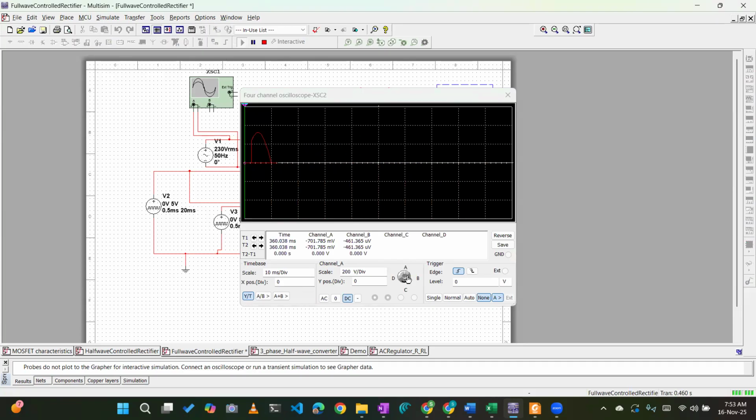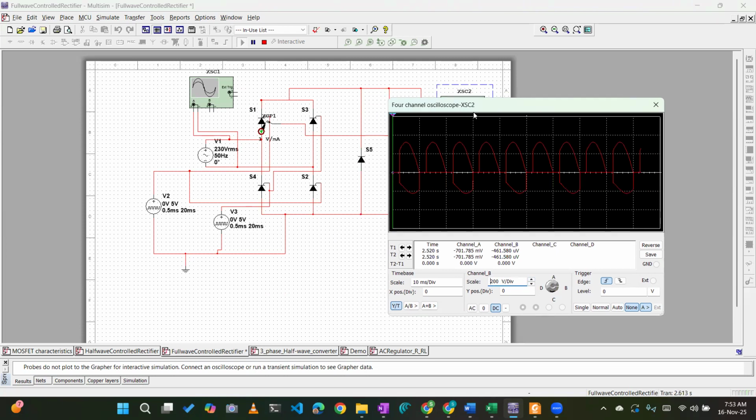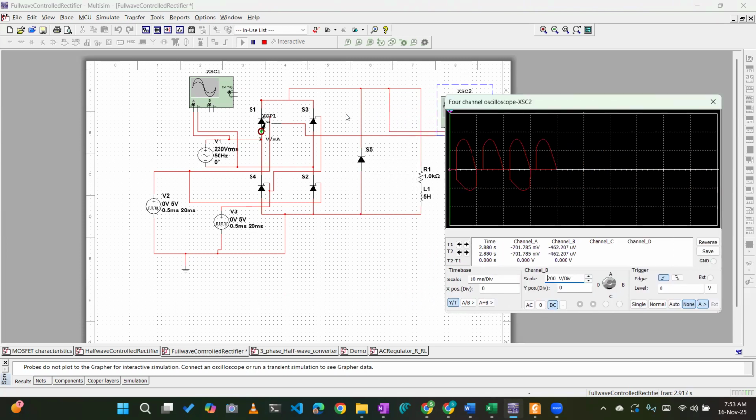Because it is not within the window, let's make it within the window. See, the current for the thyristor is the same as the time when your voltage output is positive.